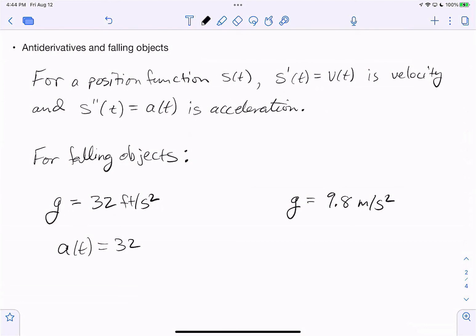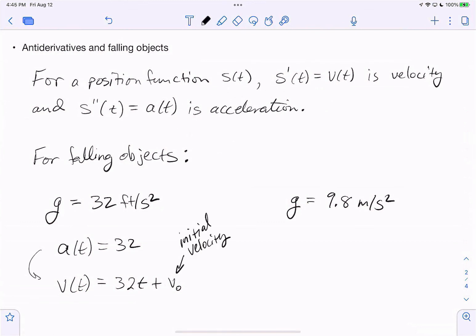Then the antiderivative v of t is going to be 32t plus, ordinarily we would say plus C, some arbitrary constant, but we're going to say plus v sub 0 because, as it turns out, when time is t equals 0, the only velocity you have is what you start with. So v sub 0 is initial velocity.